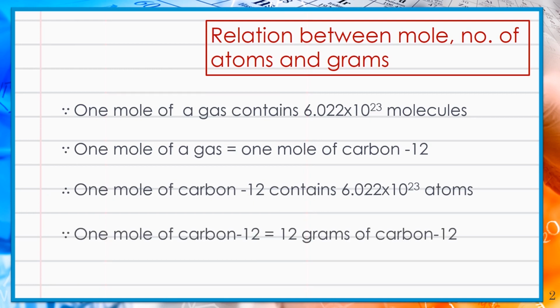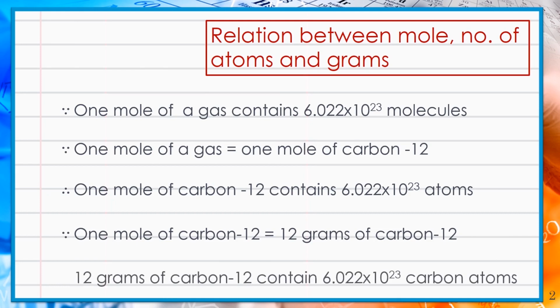Scientists established that 1 mole of the carbon-12 isotope has a mass of exactly 12 grams of carbon-12. Therefore, we can say that there are 6.022 × 10^23 carbon atoms in 12 grams of carbon-12 isotope.